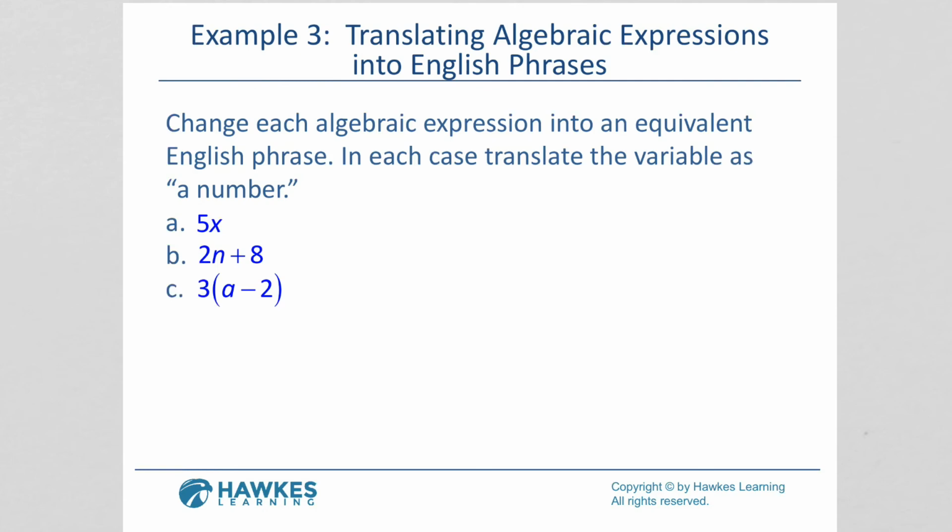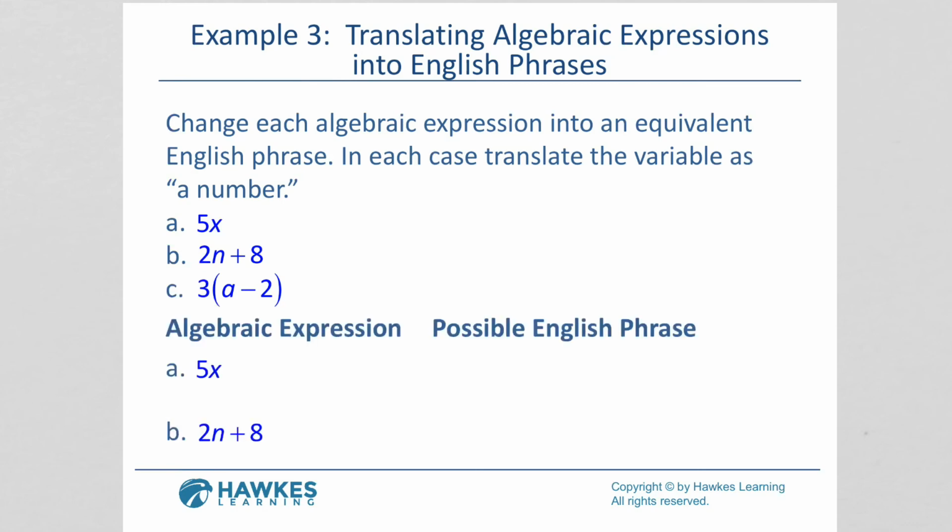Example 3, change each algebraic expression into an equivalent English phrase. In each case, translate the variable as a number. A is 5x, B is 2n plus 8, C is 3 times the quantity a minus 2. 3a, 5x will become the product of 5 and a number.